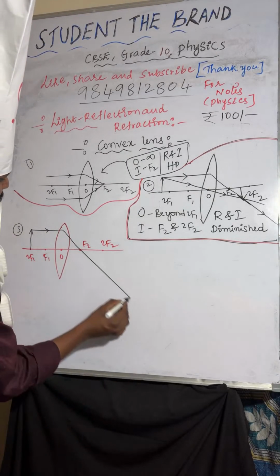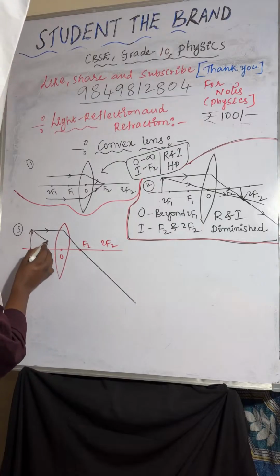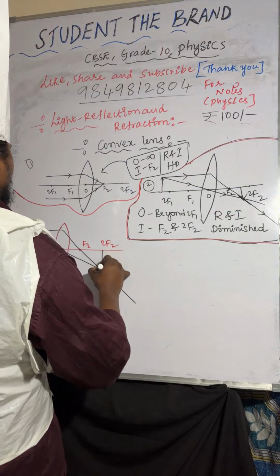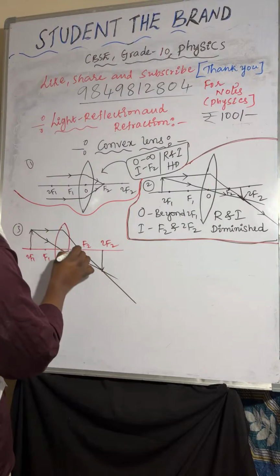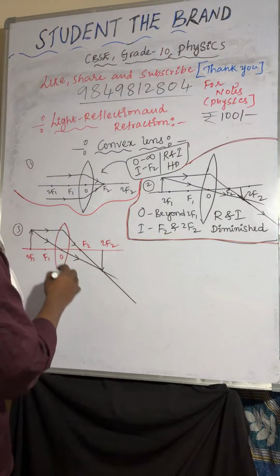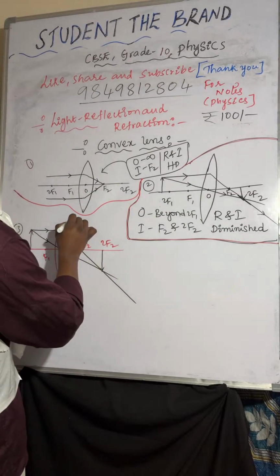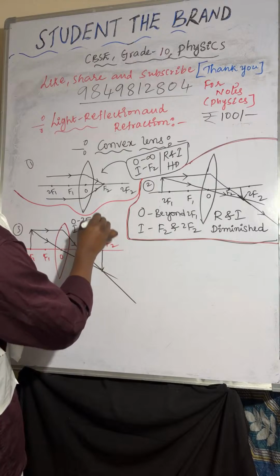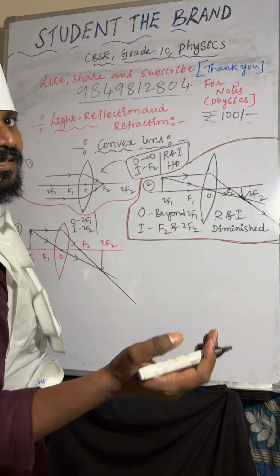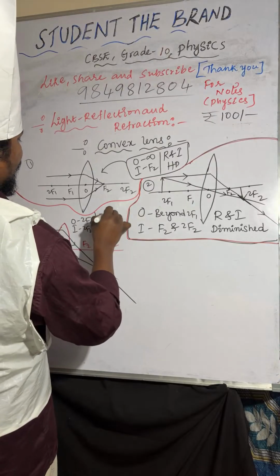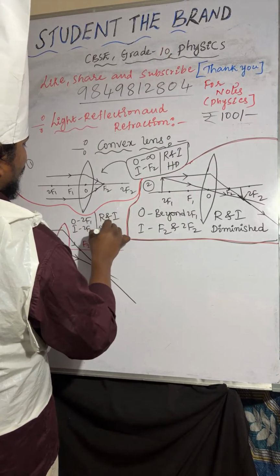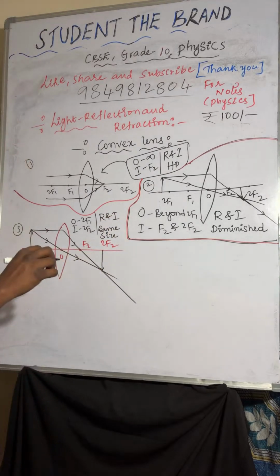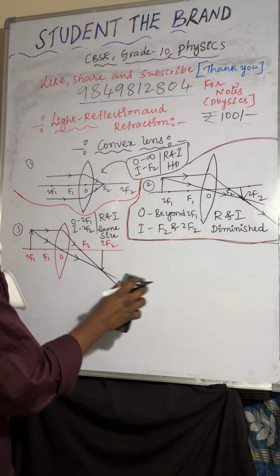Image is formed at 2F2. Nature of the image is real and inverted. What is the size of the image? Same size.